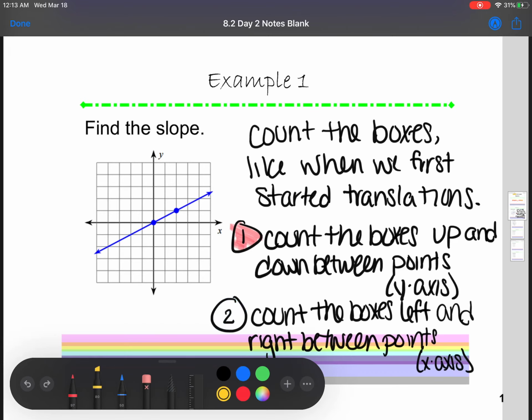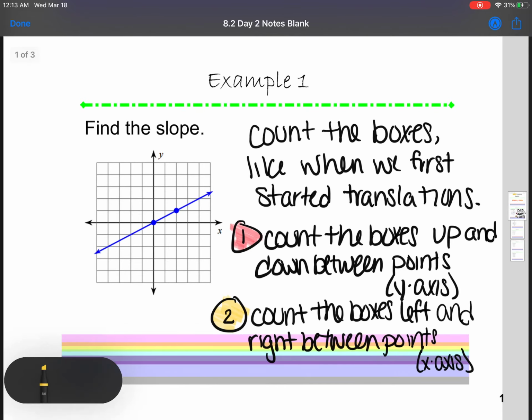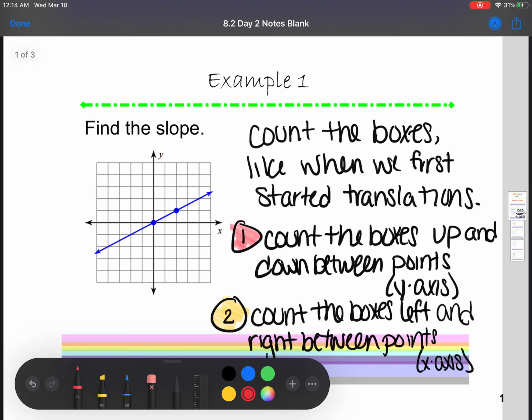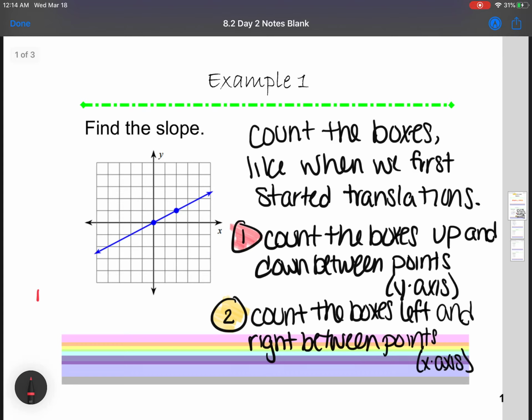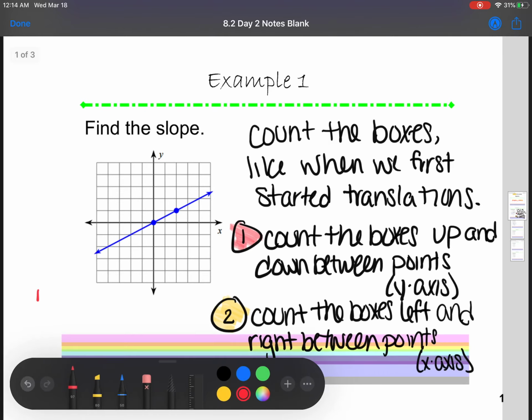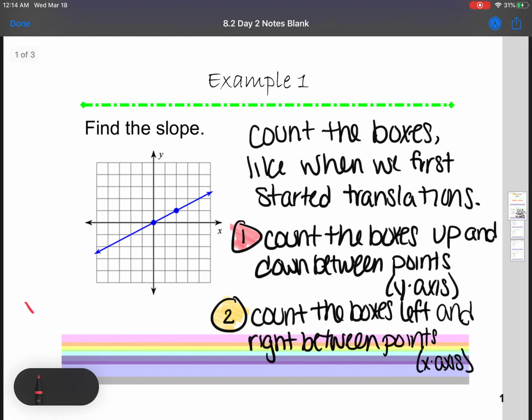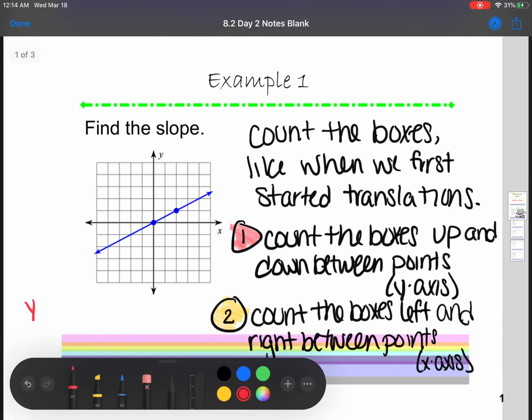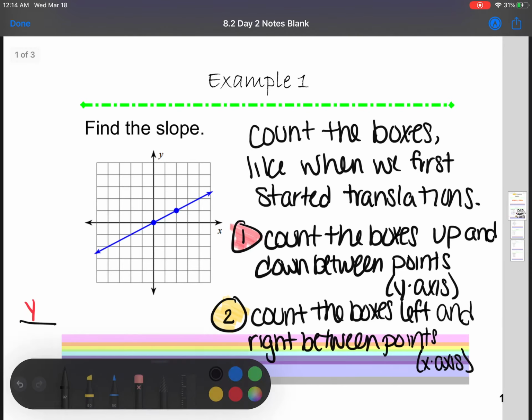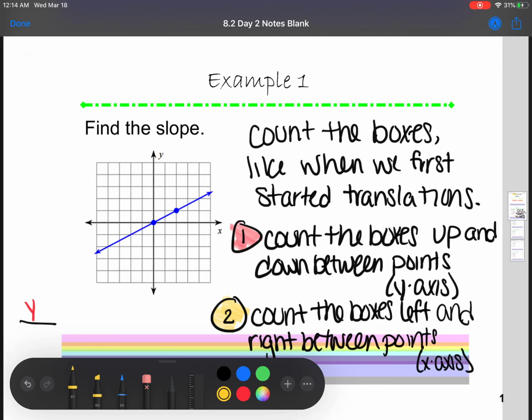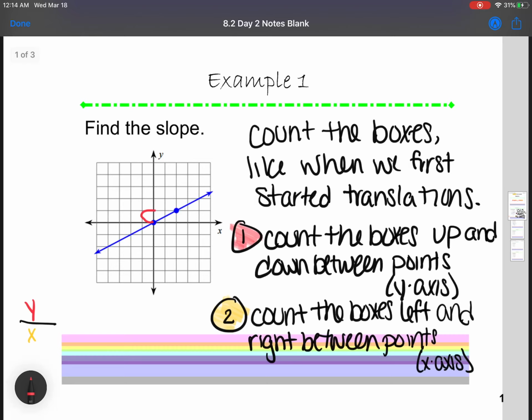Or, actually, you know what? I want to do y over x. So we're going to get started with this. To change our y's, we are going up 1.